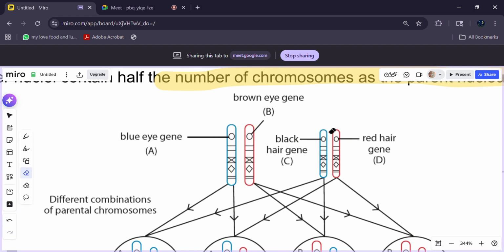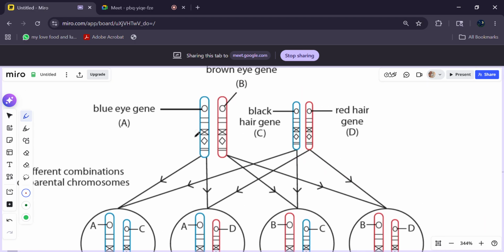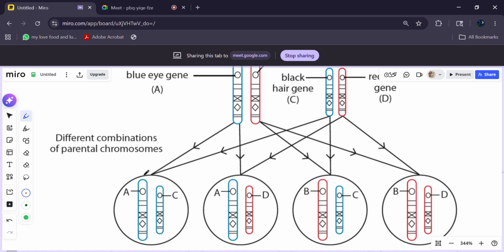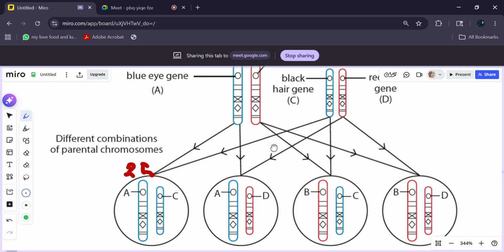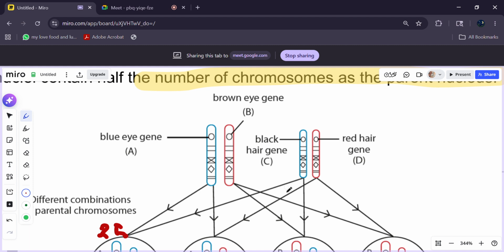So now there are possible different combinations of parental chromosomes. That means there are different possibilities of a child collecting some of the father's chromosomes or some of its mother's chromosomes. For example, there's a 25% chance that the child born will have blue eyes and black hair.